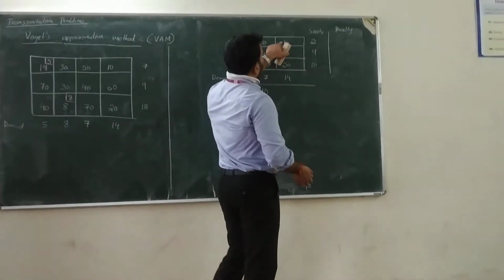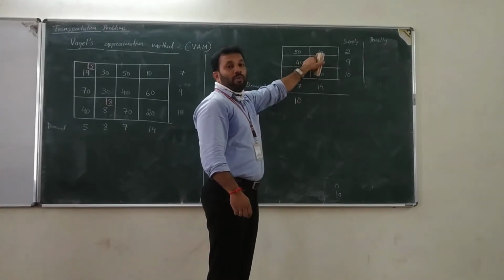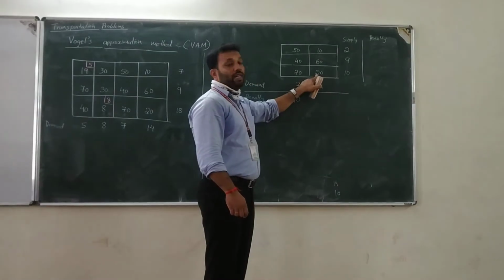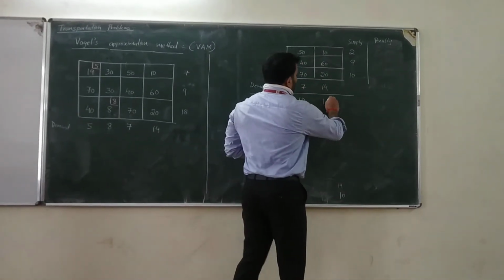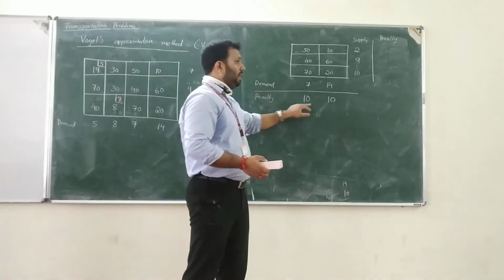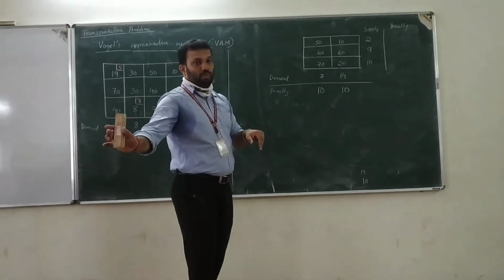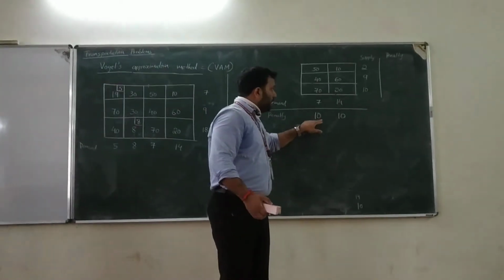Here again in this particular column 10, 60 and 20. Again 10 is the minimum cost, and the cost nearer to that minimum cost is 20. So 20 minus 10 is 10. So the penalty is 10 and 10 in these columns.